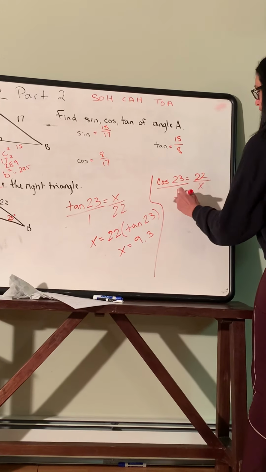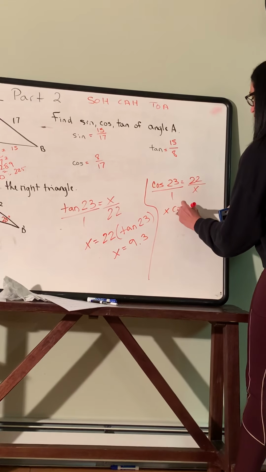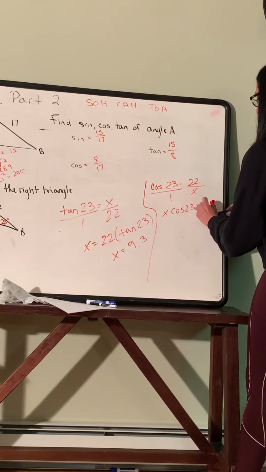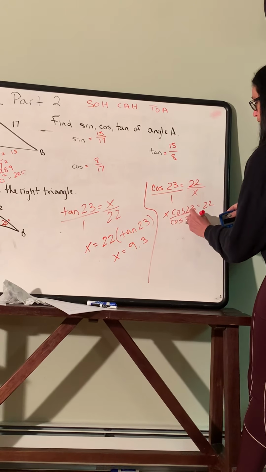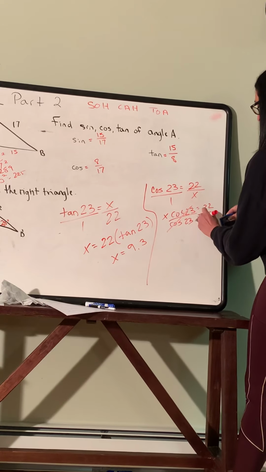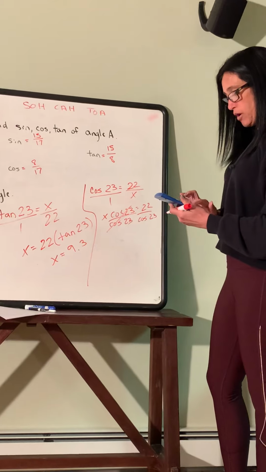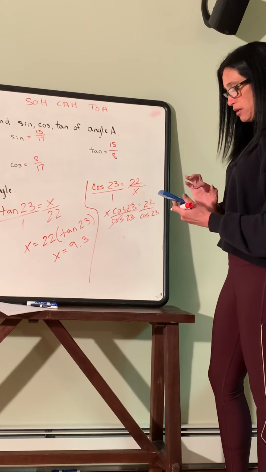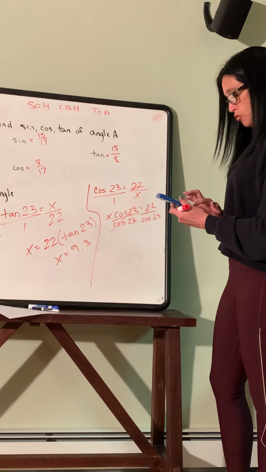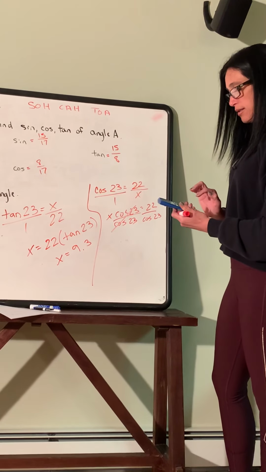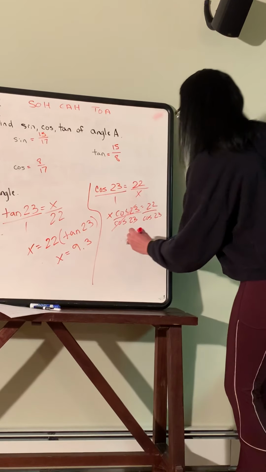So now to solve that, cross multiply, I get x cosine 23 equals 22. To get the x by itself, divide by cosine 23. On your calculator, you have to do 22 divided by cosine 23, close your parentheses, and since it's a side length, round to the nearest tenth, it's going to be 23.9.